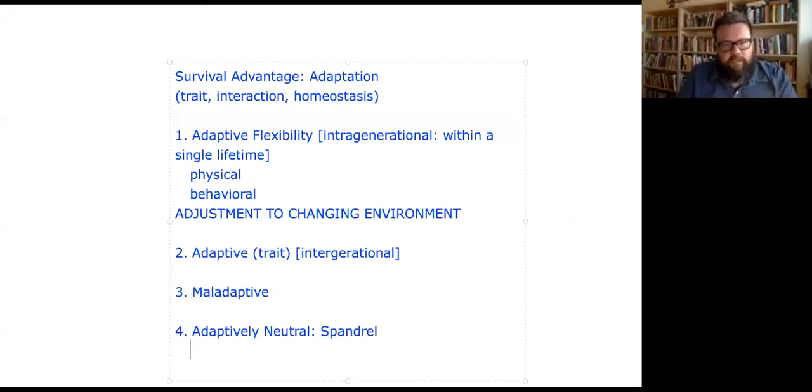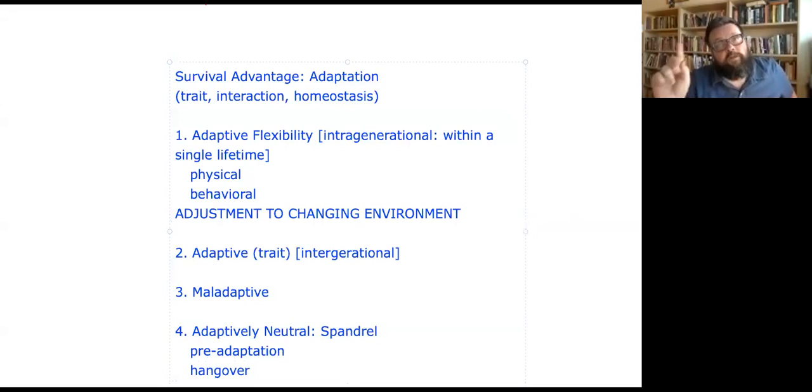The issue here is that adaptively neutral traits can be one of two things, and this is in your AirLick, so you should have this. They can either be what's called a pre-adaptation, or they can be a hangover. A pre-adaptation is a trait that right now plays no role in homeostasis, but if the environment changes, it could play a big role in homeostasis, okay?